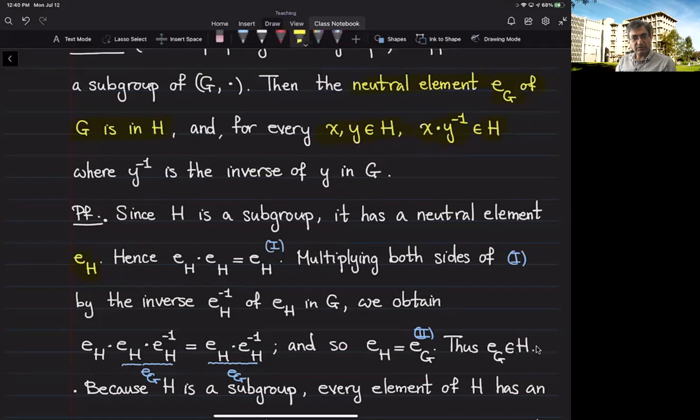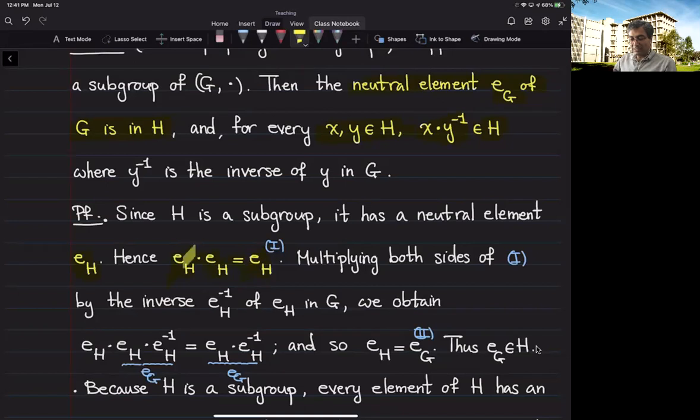Being a neutral element for the operation dot, we deduce that E sub H times E sub H is equal to itself, because it's a neutral element under multiplication. But if you remember, we have the cancellation law in groups. So I can cancel out these two in the group G. When I cancel this one out in the group G, I end up getting the neutral element of G on the right-hand side.